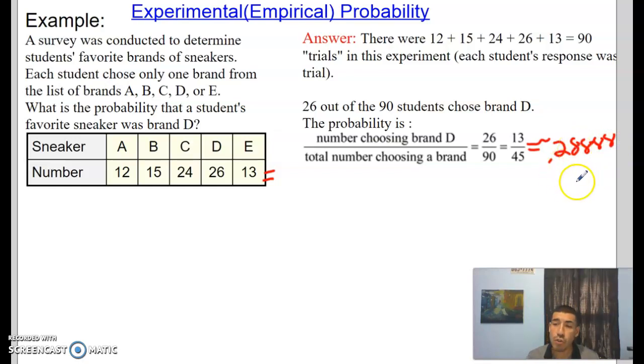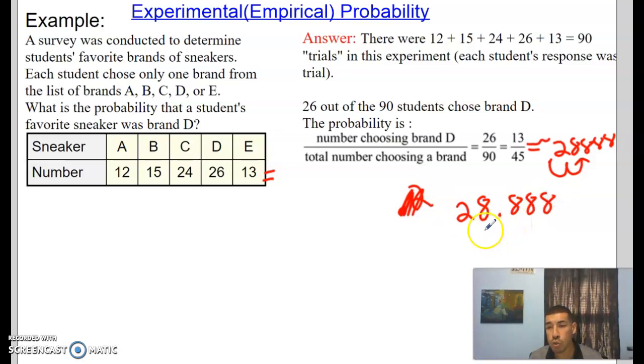So what I'm going to do is move the decimal twice to the right to change it to a percent, since most of your questions you will have to change to a percent. So it becomes 28.888.